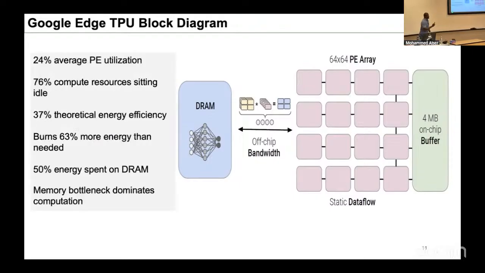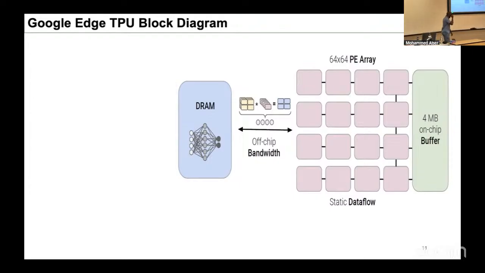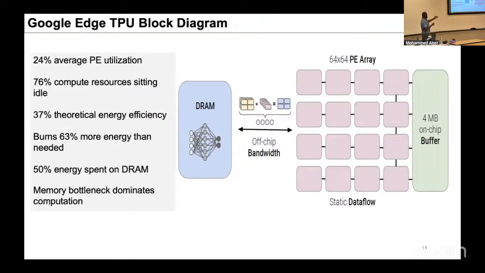So when we actually test this architecture against real-world neural network models, what was found was that the average processing element utilization was about 24%. And basically, the architecture spends 50% of the energy just on DRAM accesses.